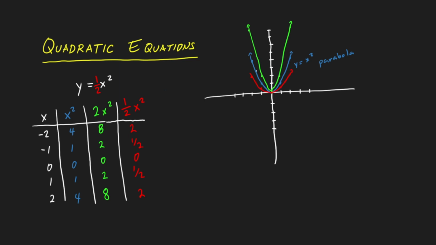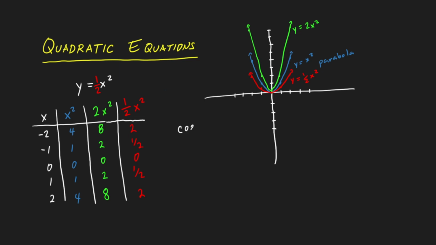There we go. So this is y is equal to 1/2 x squared. And this one, I forgot to put the function here. It's equal to 2x squared. As you can see, the point is the coefficient just scales the function.